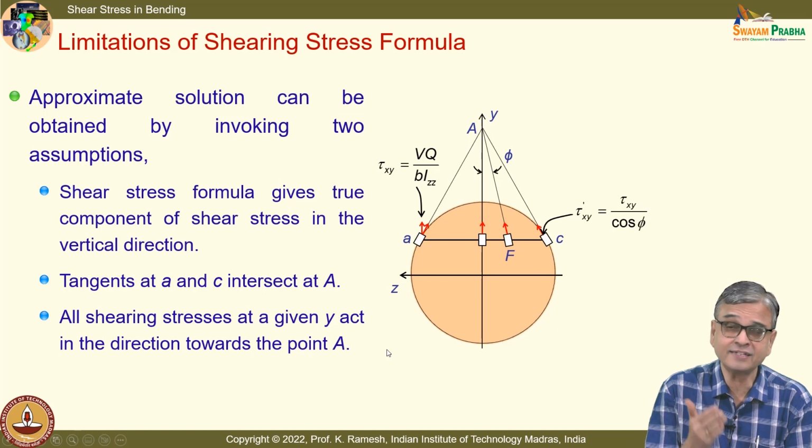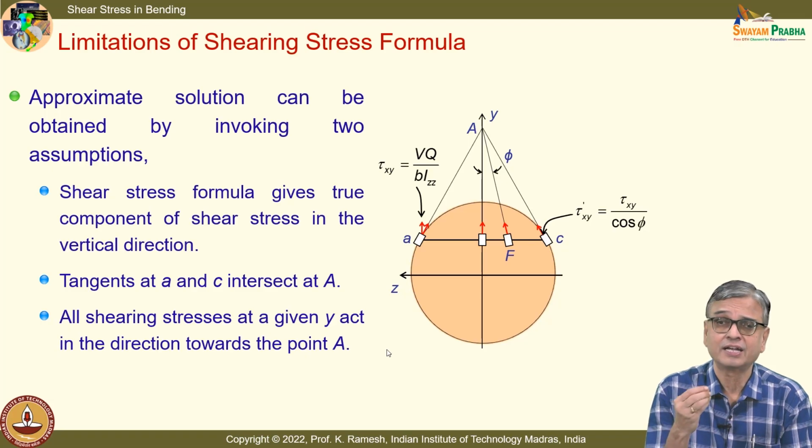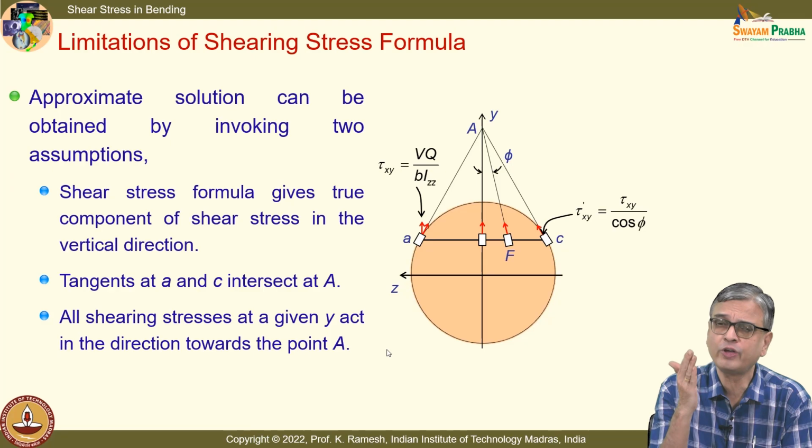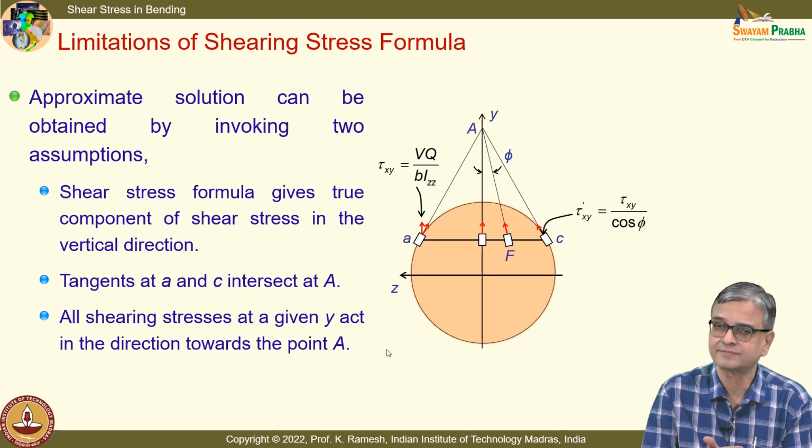So, there is inconsistency in the shear stress formula. We do not have to worry too much about it, and we have also seen another aspect. If the beam is slender, the magnitude of shear stress away from the loading points is very small compared to bending stresses.